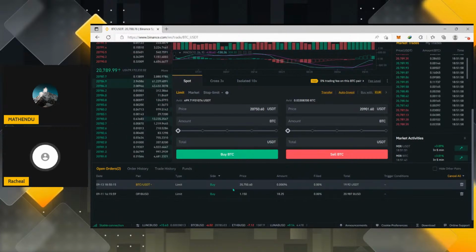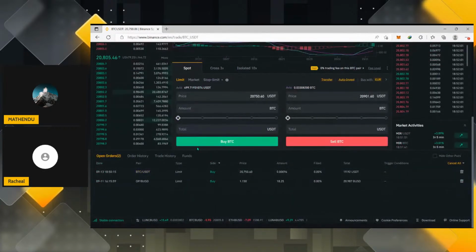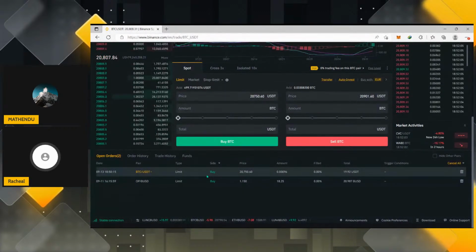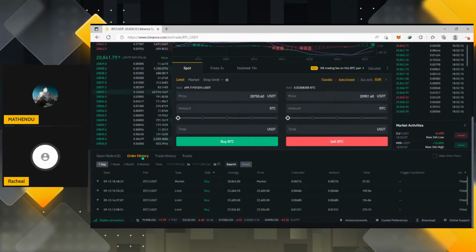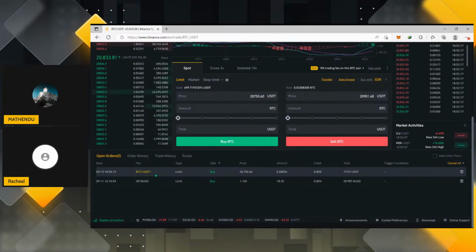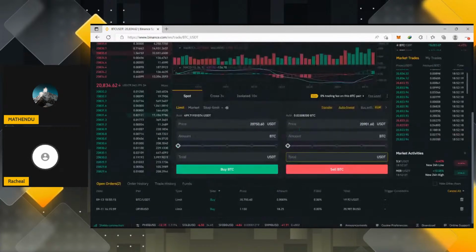Also, when you're trading, you look at the trading fees. You realize that market makers pay less fees compared to takers.